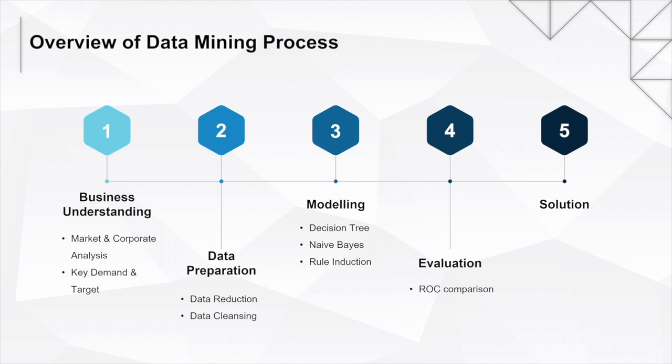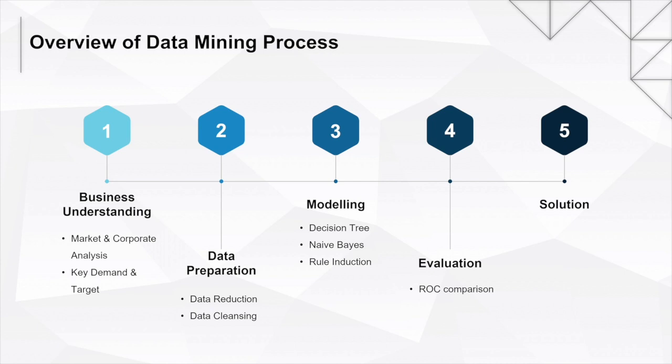Second is data preparation. It includes data reduction and data cleansing. Next is modeling, which includes the 3 models that we used, and the next is evaluation, including ROC comparison. The last one is solution.